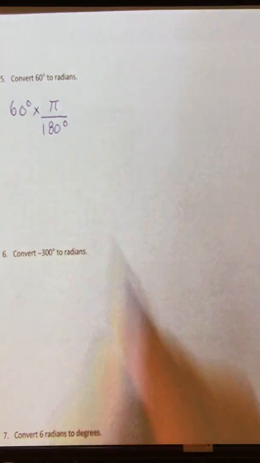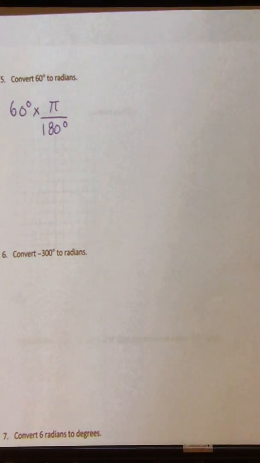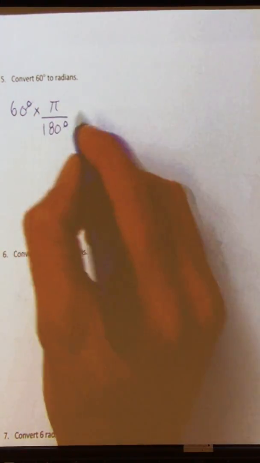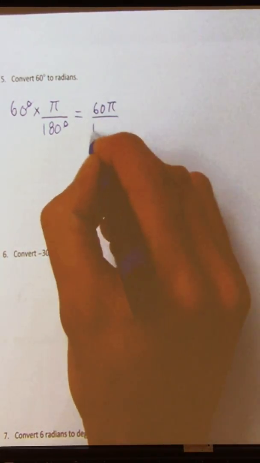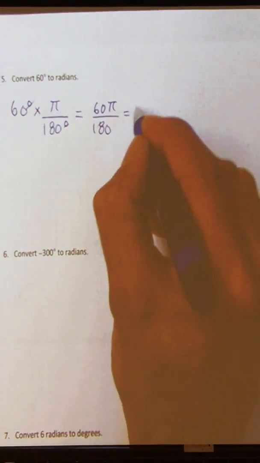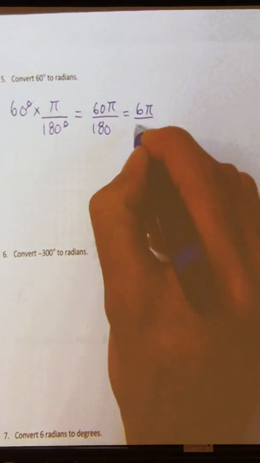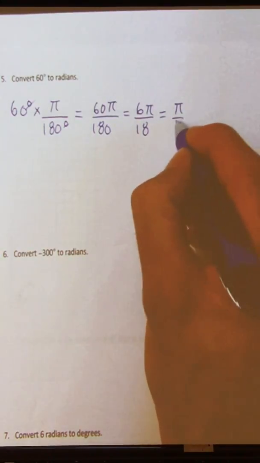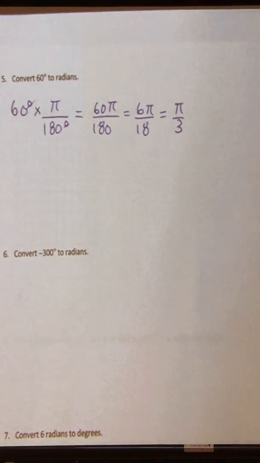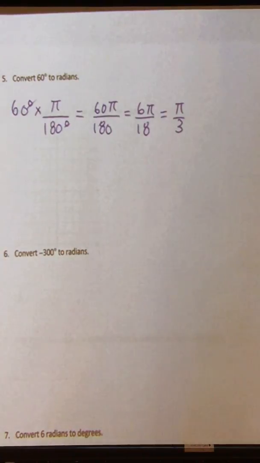So pi divided by 180 degrees is really a factor of 1, but that will convert degrees into radians. So we'll have 60 pi divided by 180, or if we reduce carefully, 6 pi over 18. Reducing further, we'll have pi over 3, or a third pi. So pi over 3 is a 60-degree angle.